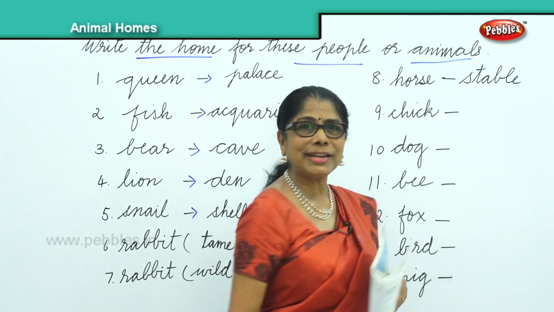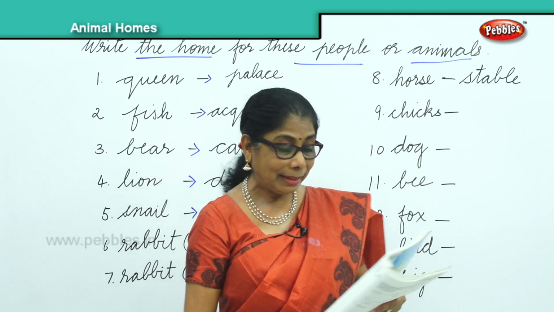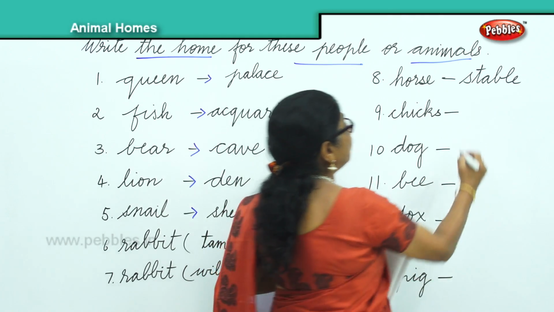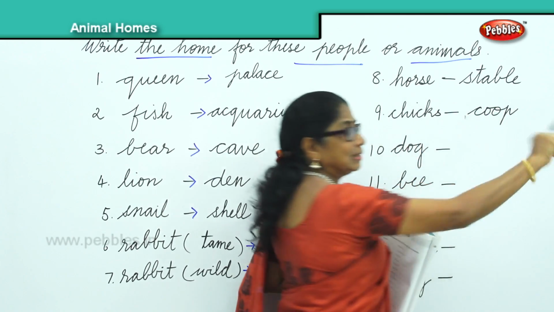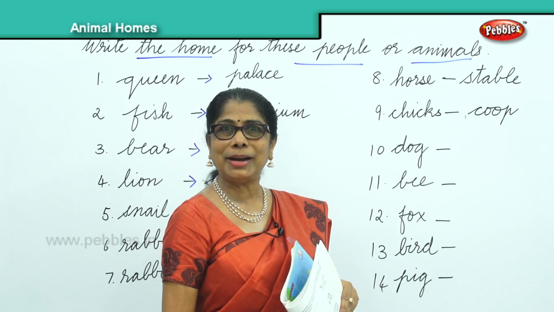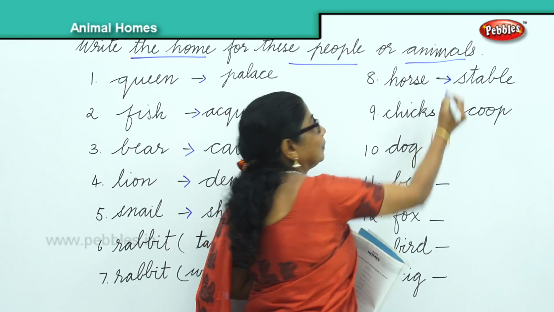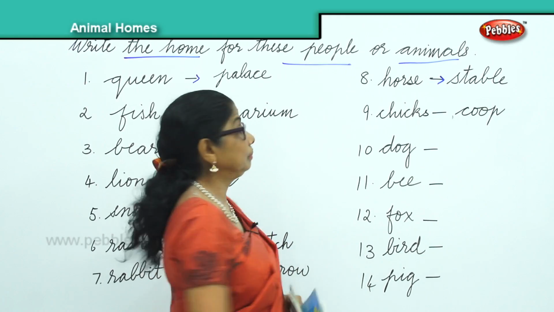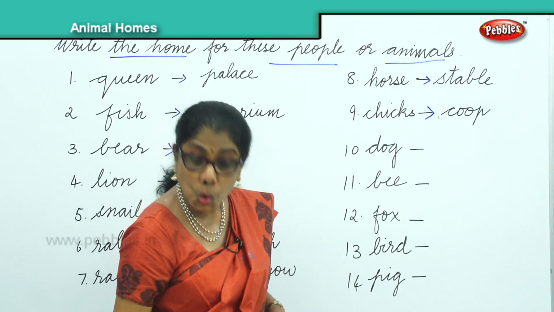Alright? Chicks, the baby chicks, where would you find them? They are put in a coop. They fence it up and they are put into a coop. Horse is put in a stable. The baby chicks are normally found in a coop.